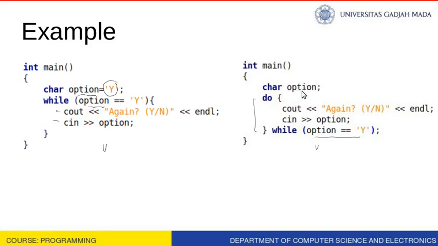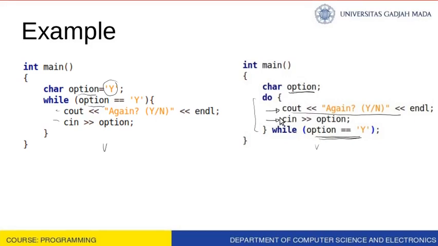However, in the do while, even though I don't have the value of this option, and if we check that this option violates this condition, it means that option is not equal to y, so this is false. However, because in the do while we do the statement first, then we check the condition later, this statement will be executed the first time whether the condition is true or false.